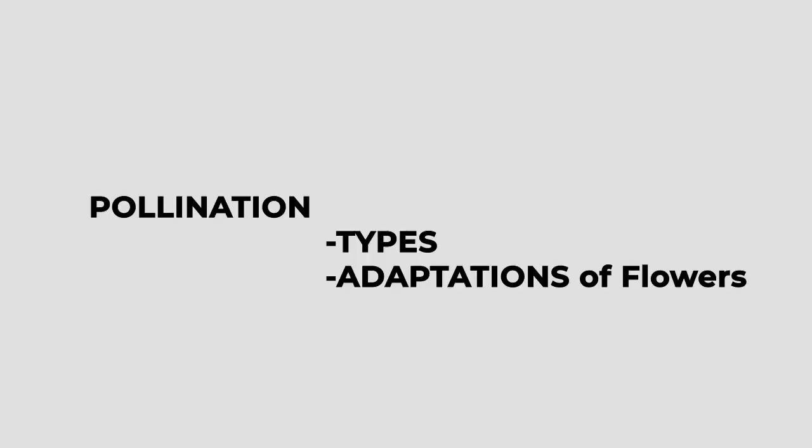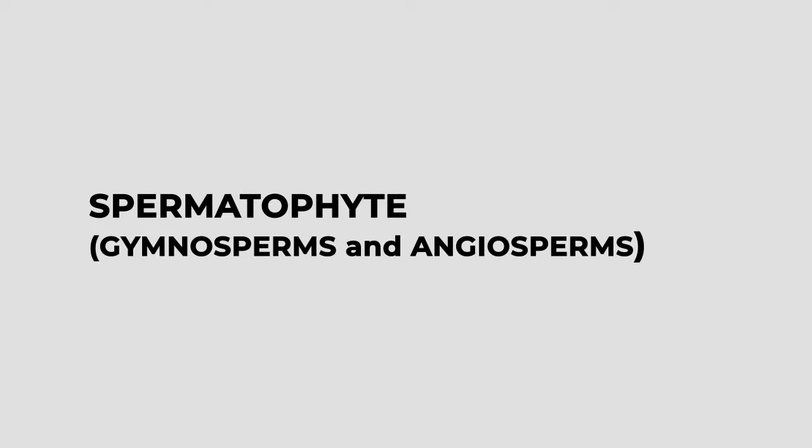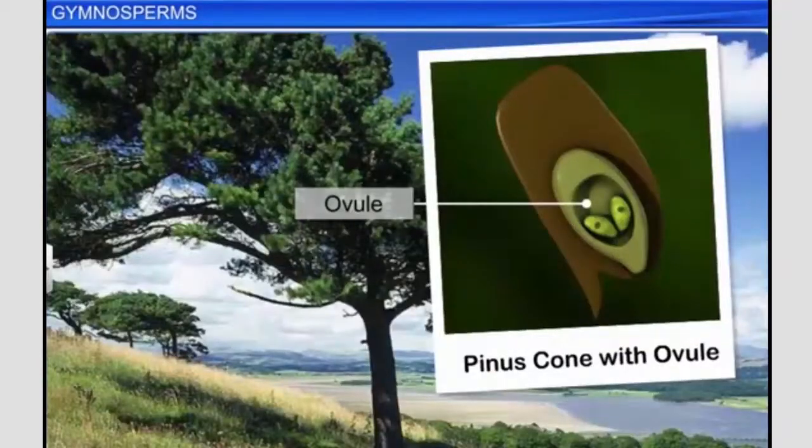Okay, we know what is pollination. Now, we are going to learn about the types of pollination in different plants and adaptations of flowers for pollination. Pollination is the characteristic feature of spermatophytes, which include gymnosperms and angiosperms. Gymnosperms have exposed ovules, so pollens are directly deposited on ovules.